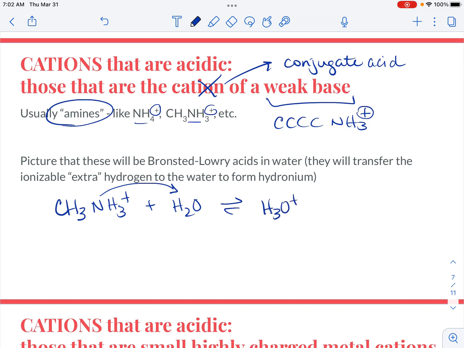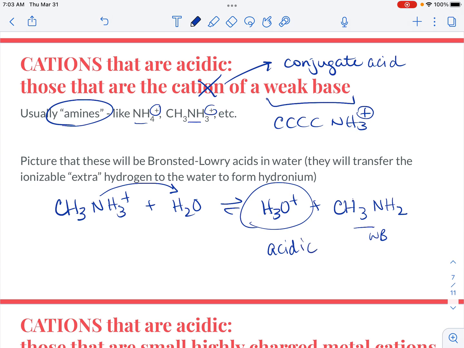It's going to make the hydronium ion, and this is methylammonium, and now it's going to make methylamine, which would be CH3NH2 neutral, right? And because this reaction will form something that is a weak base and will not ionize 100%, now we have a reaction, and so now we see that we have H3O pluses floating around in solution, which will make the pH acidic.